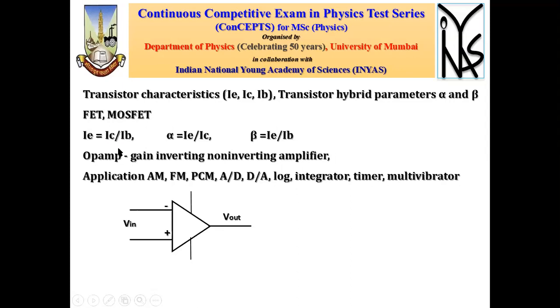So I just mistakenly used this ratio. IE is a total current, which is a summation of two currents, collector current plus base current, and alpha is a ratio of emitter current to the collector current, where emitter current is the total current, and beta is the ratio of IE upon IB. This is the gain of the transistor, right?